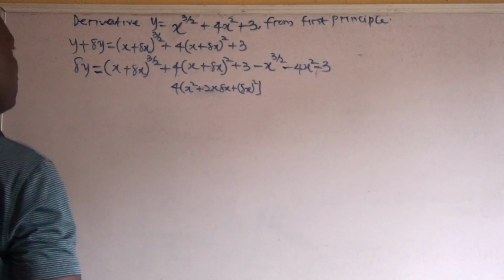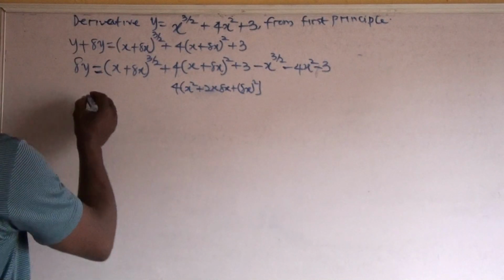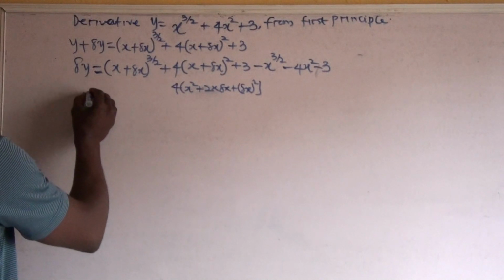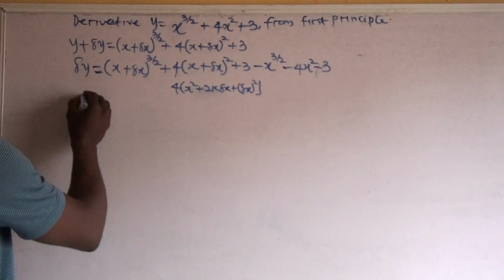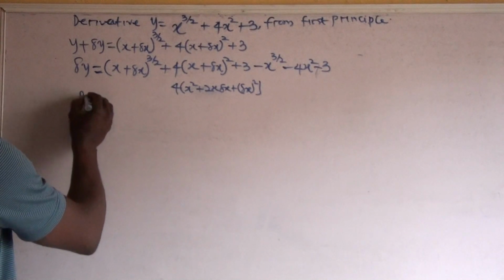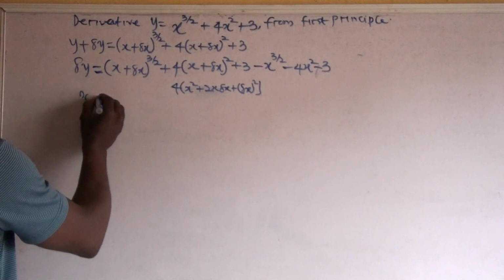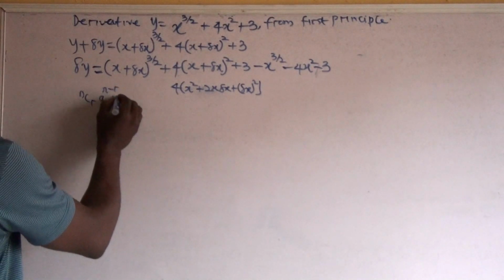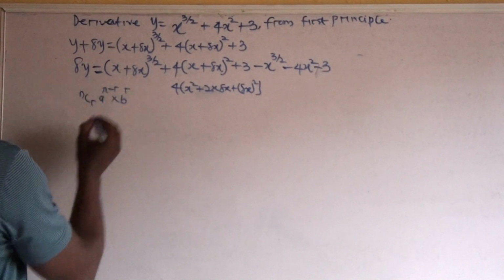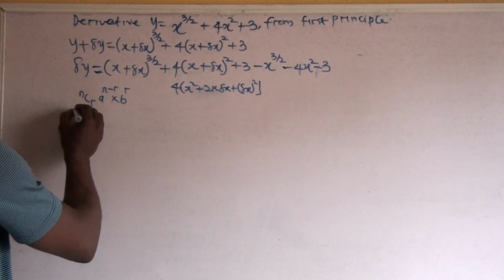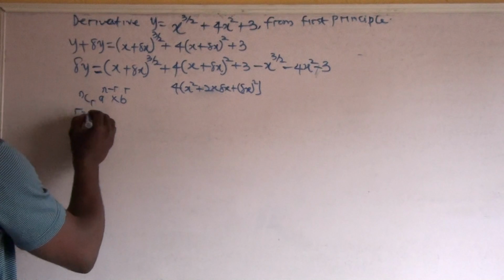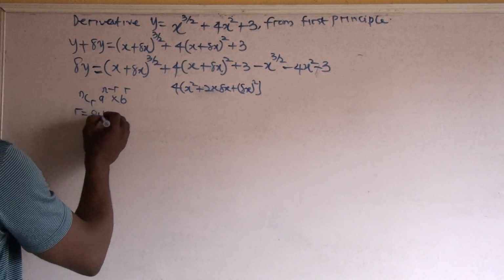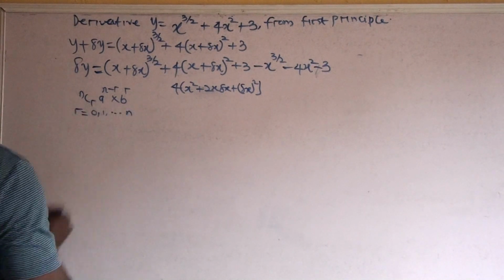Then if we are to do that, if you recall from our binomial expansion, we know that if we have n combination r, here we have a raised to power n minus r times b raised to power r. Okay, and our r is moving from 0, 1 till we get to n.